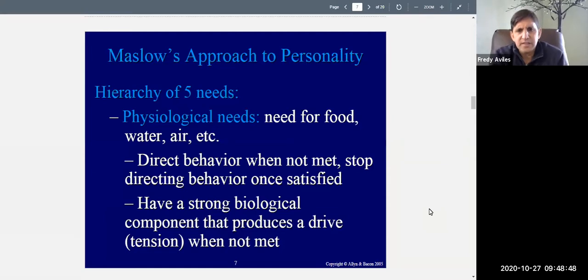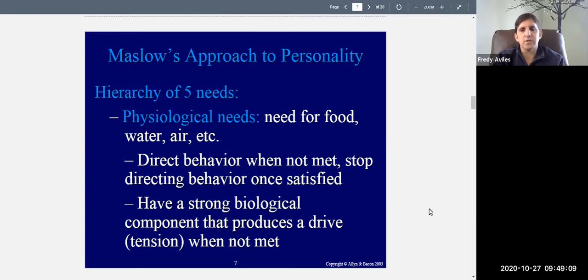So let's talk about these needs. I mentioned a lot about them already. You've heard about them before, but let's talk about them. So remember, it's Maslow's hierarchy of needs. The first need, which is at the bottom of the pyramid, right, are called your physiological needs. These are the lower needs. They're higher in strength and priority.